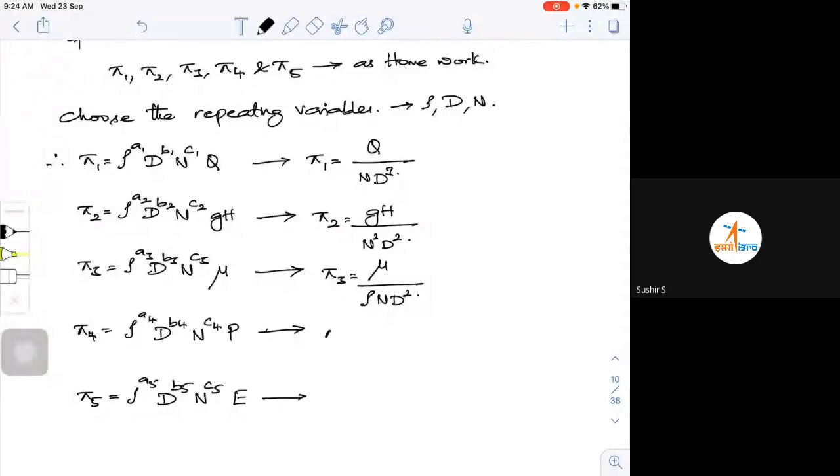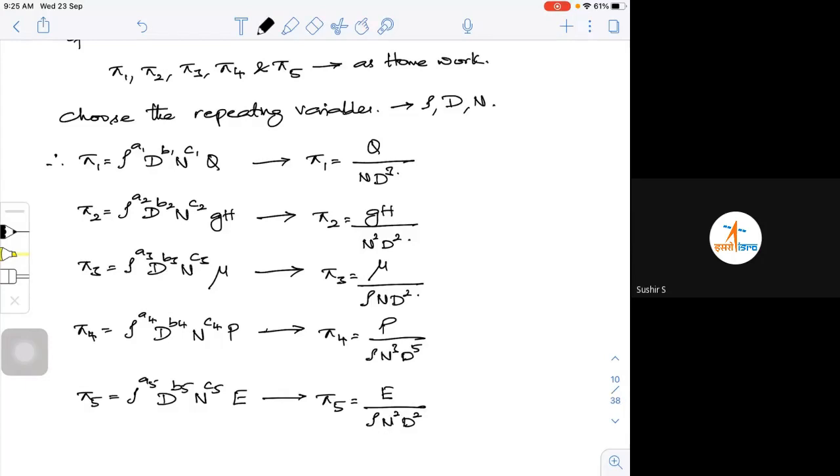Then your pi 4 is power P divided by rho N cube d to the power of 5. Then your pi 5 is equal to your Young's modulus E divided by rho N square d square. So these are the things that I am going to get.